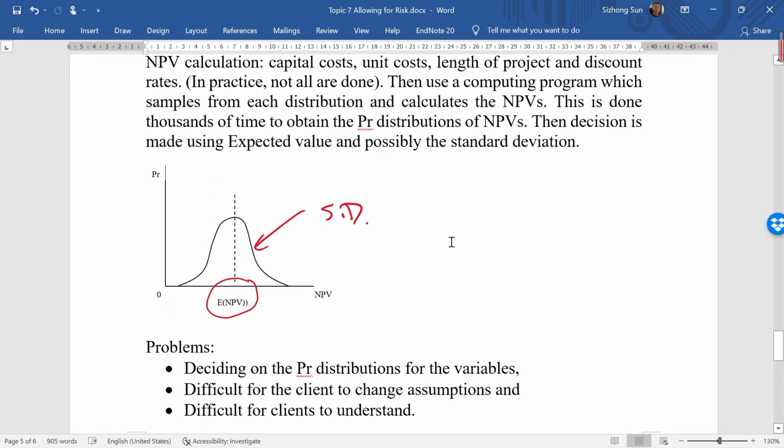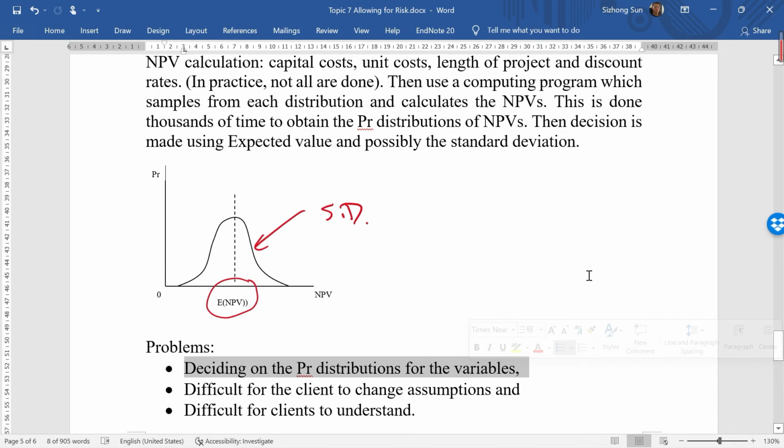The problem with Monte Carlo simulation is deciding on the probability distribution for the variables. For example, in Excel, why is the price distributed uniformly between $5 and $20? That's something we may not know.